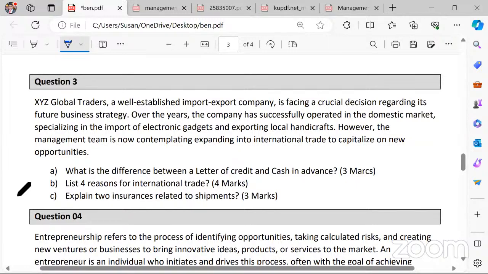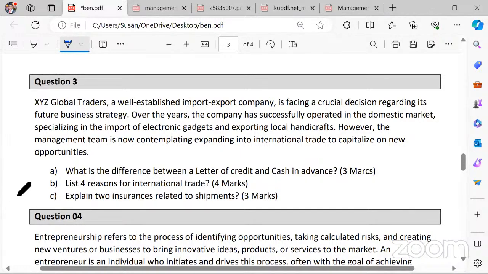XYZ Global Traders, a well-established import-export company, is facing a crucial decision regarding its future business strategy. Over the years, the company has successfully operated in the domestic market, specializing in the import of electronic gadgets and exporting local handicrafts.